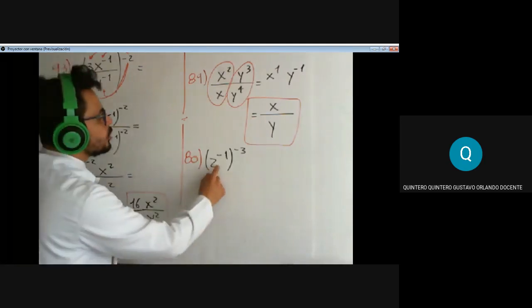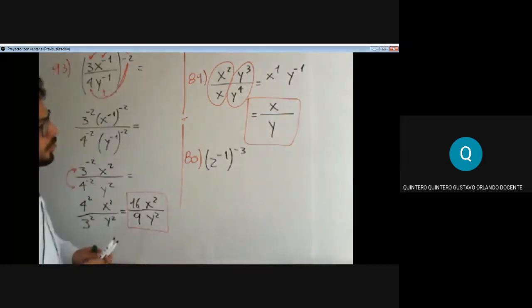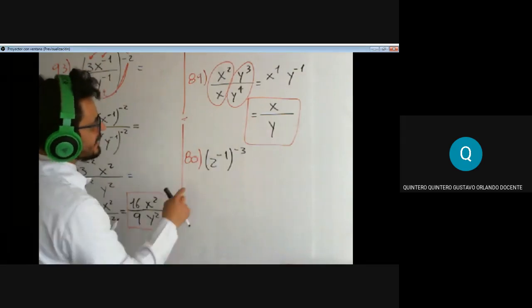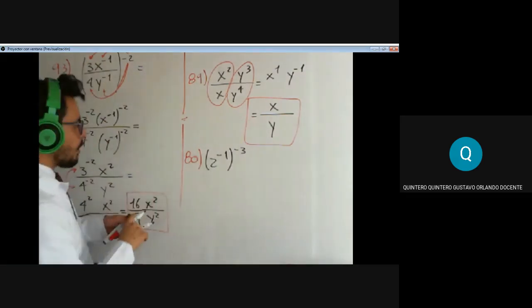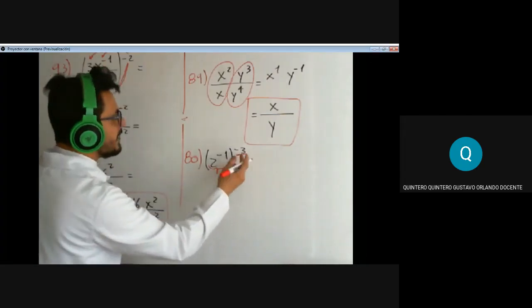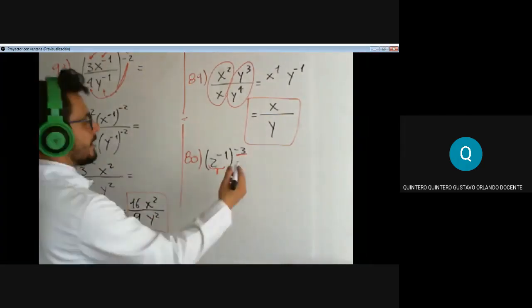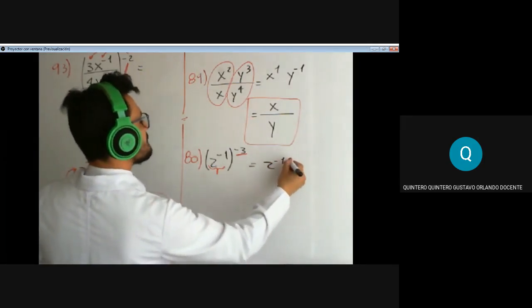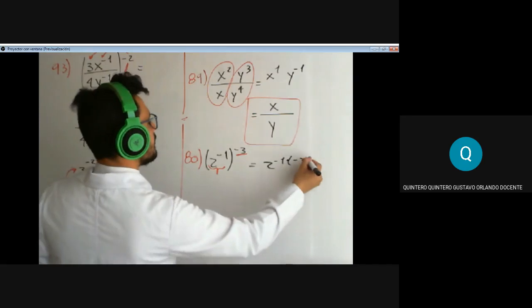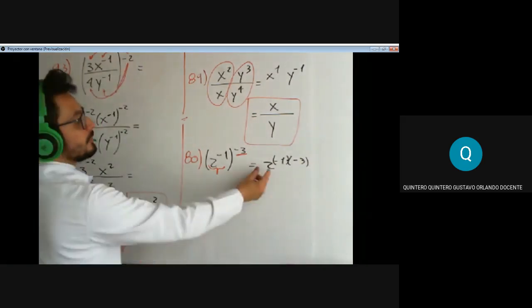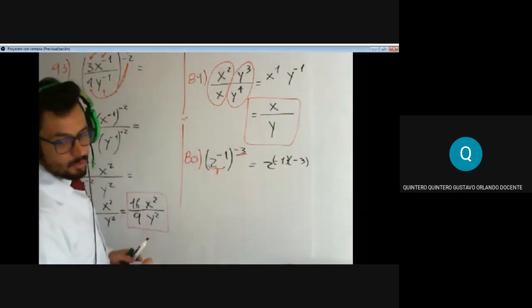Oh, multiply the 2 by negative 3. No. This isn't 2 times negative 1. No. This is power of a power. What you have here is a power elevated to an exponent. So this will be 2 to the negative 1 times negative 3. This is where the multiplication happens, okay? You don't multiply the 2 times the negative 3 as well. You don't do this.